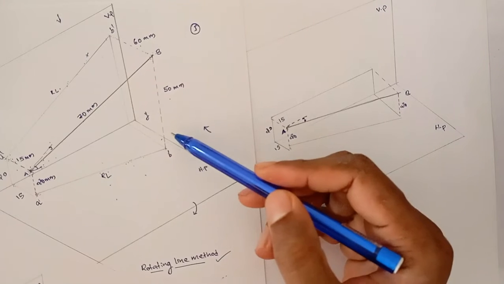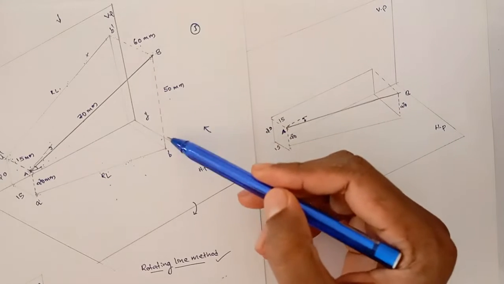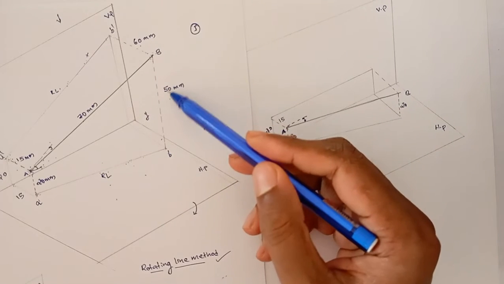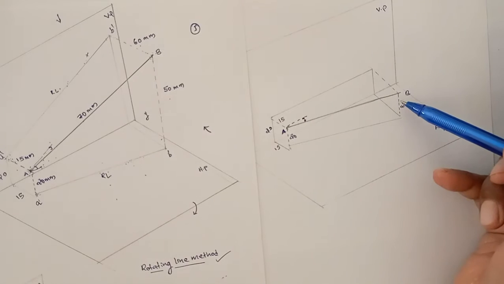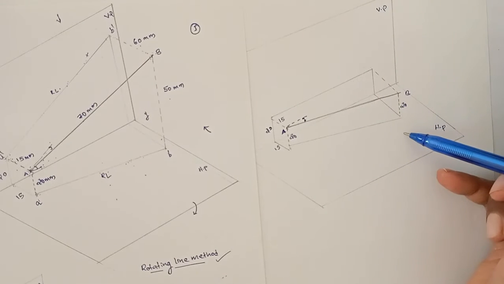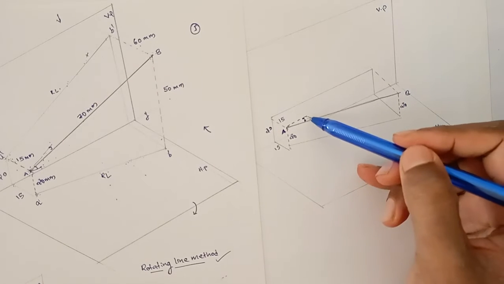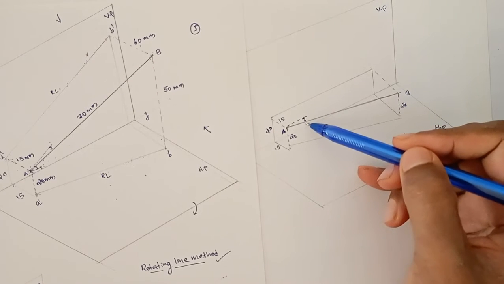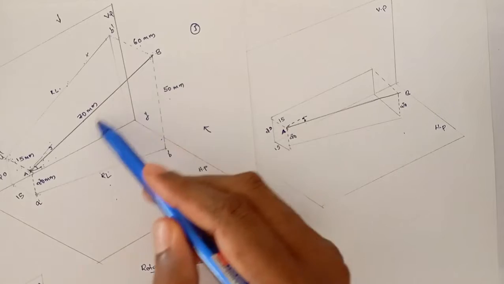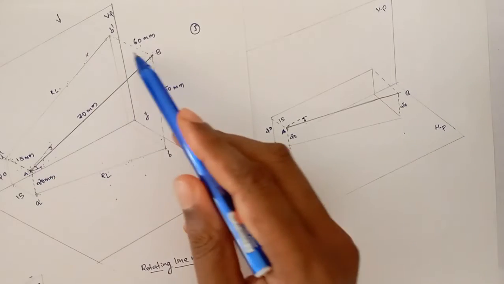In the original problem the distance is 50. I reduced the distance 50 to 20 so that the line is parallel to HP, the horizontal plane. You have to keep in mind that I am not changing the angle with VP. That means I am not changing the distance of A and B from VP.